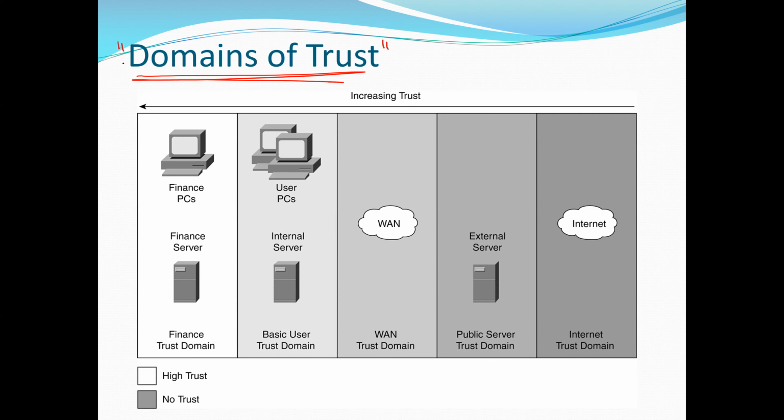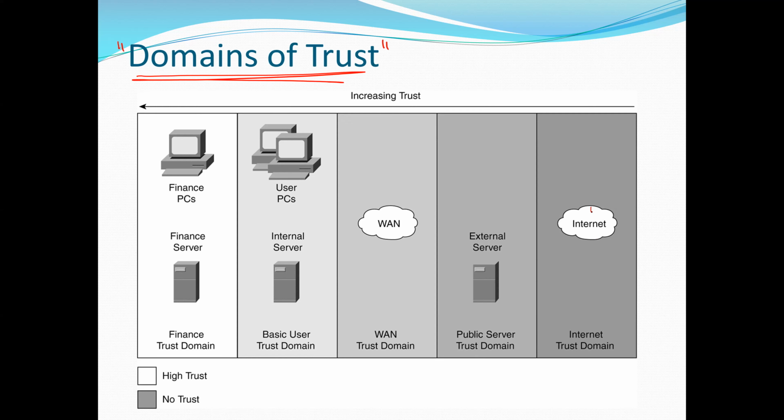A very simple concept. It just means how do you segment, and it's more of a logical thing than a physical thing, your computers, your equipment, your network devices based on the level of trust that you have for that segment.